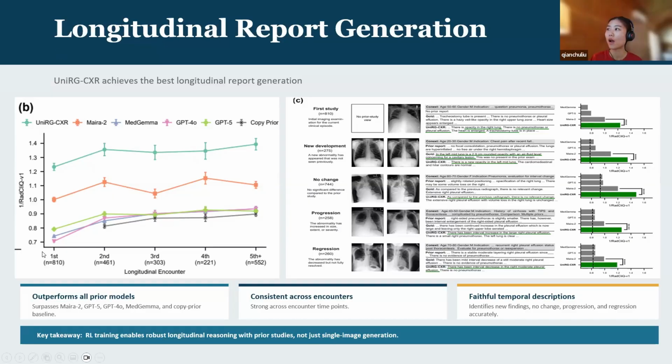The paper in this figure studies different longitudinal encounters. It ranges from the first study, where the patient does not have any prior report or prior scan, to the fourth encounter, fifth encounter, or even more encounters. And here we have plotted the performance of different models at each time point.